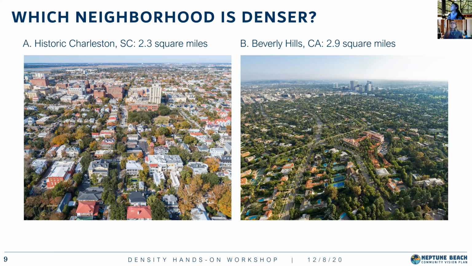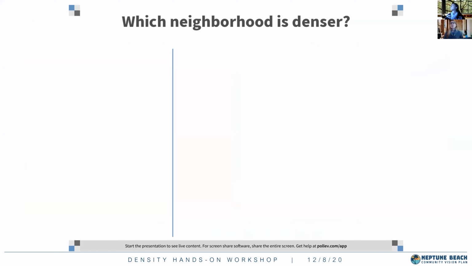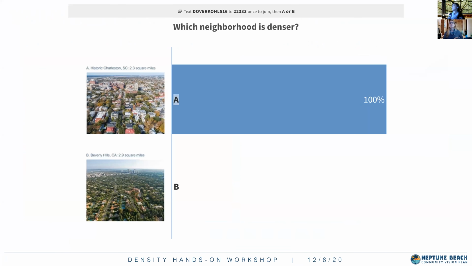So we tried to get neighborhoods that are roughly the same size to compare. You can go ahead and open up the actual poll, Brenda. So the question is, which neighborhood is denser, historic Charleston or Beverly Hills, California? Historic Charleston is about 2.3 square miles, and Beverly Hills is about 2.9 square miles.